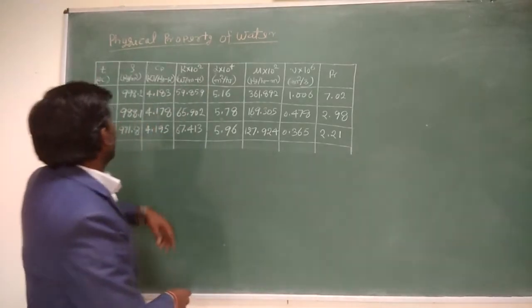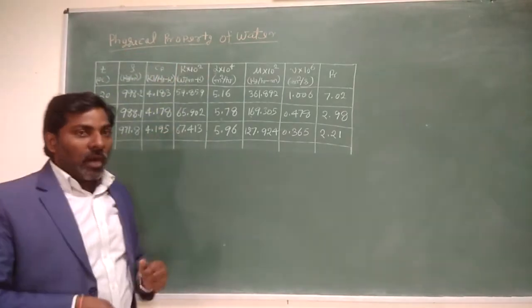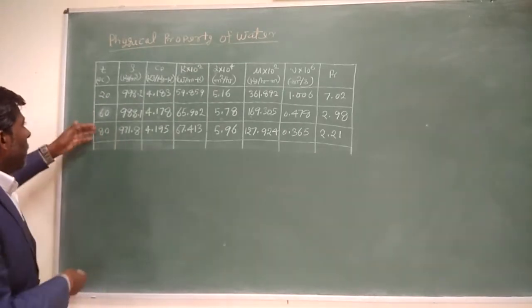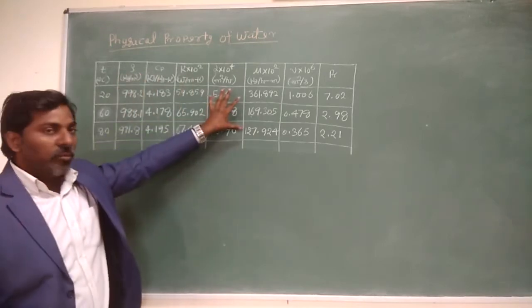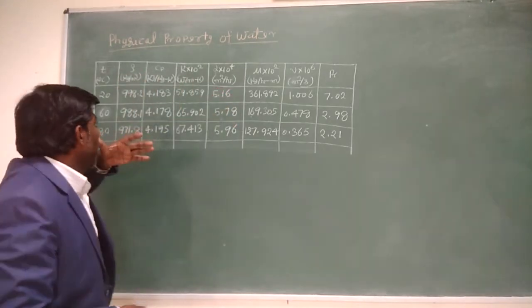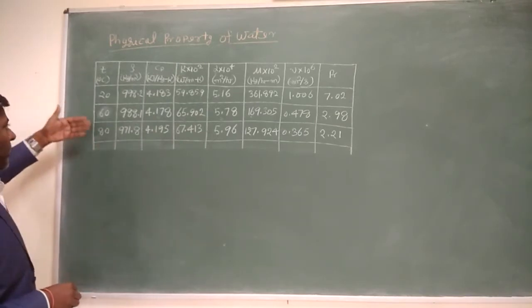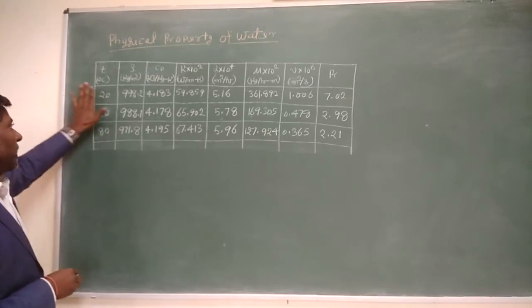Okay, so for understanding we have taken the physical properties of water. These properties are given in the property table with the increase of temperature. Let us see. For almost all temperatures, at intervals of 5 degrees, 4 degrees, 10 degrees, they have given these properties.